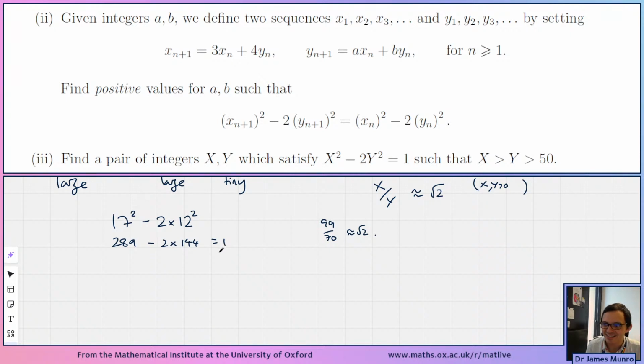I just think that's neat. You get to find big square numbers that work in this linear equation. Who doesn't love big square numbers? So I'm claiming that 99 squared minus 2 times 70 squared is exactly 1.